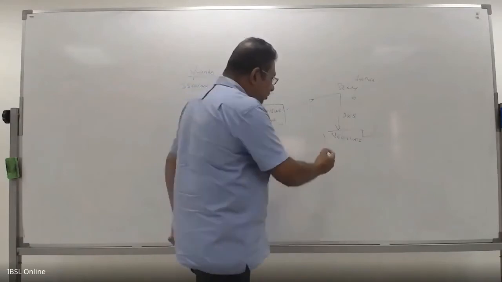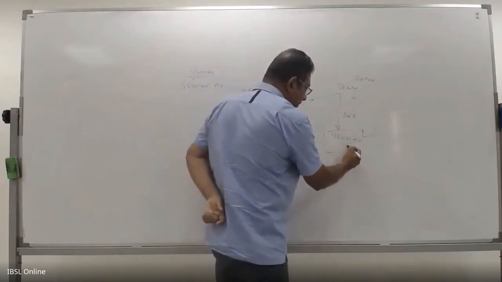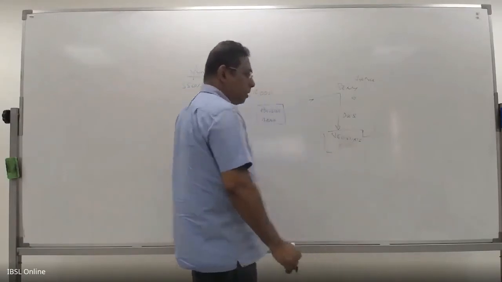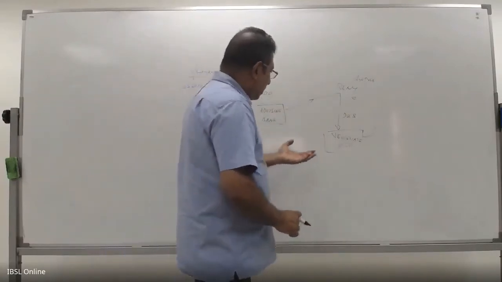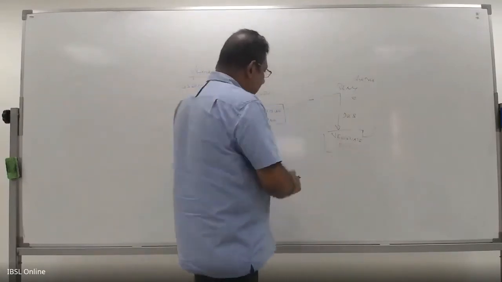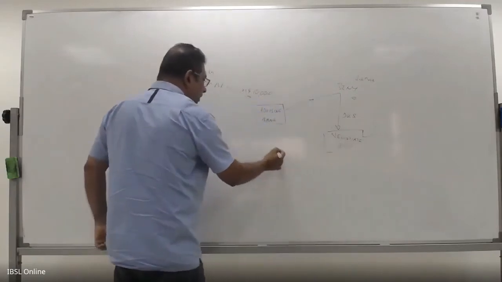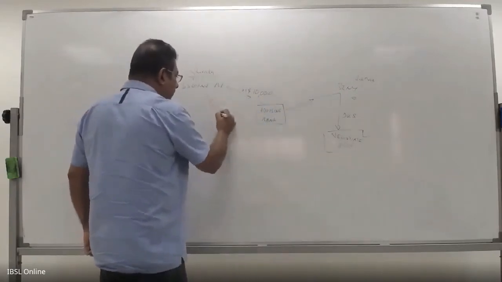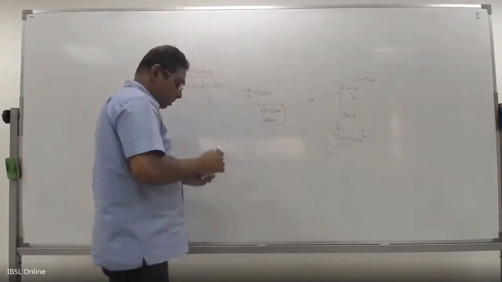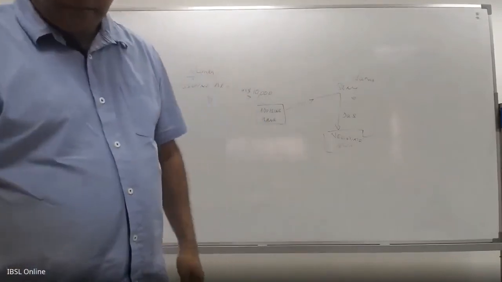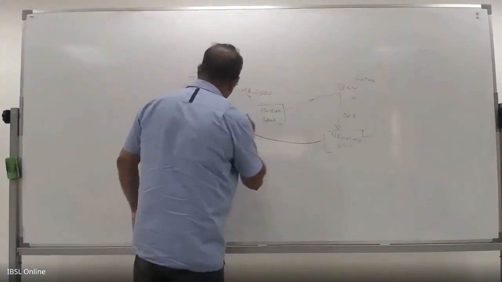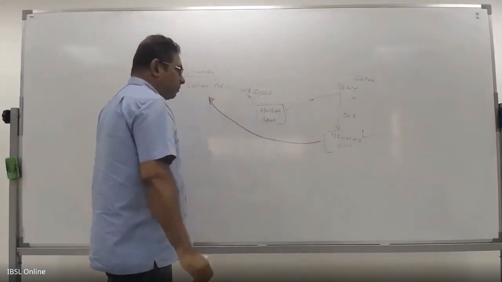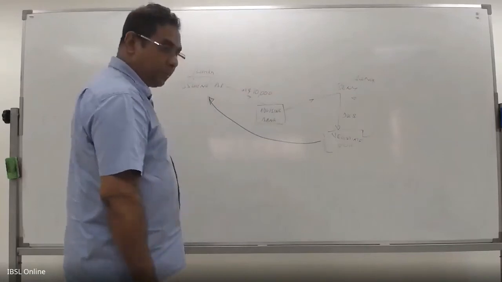So $10,000 will be converted. Then after that they will send the documents across to the issuing bank.